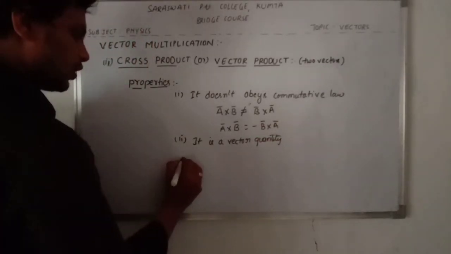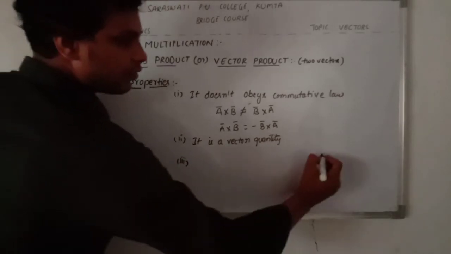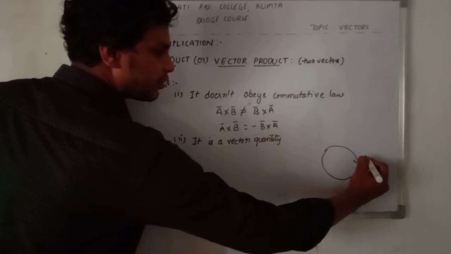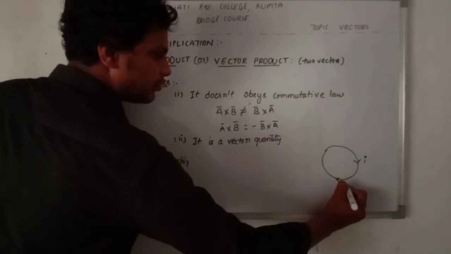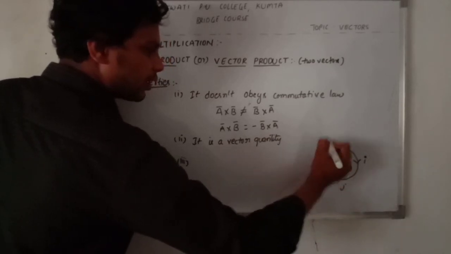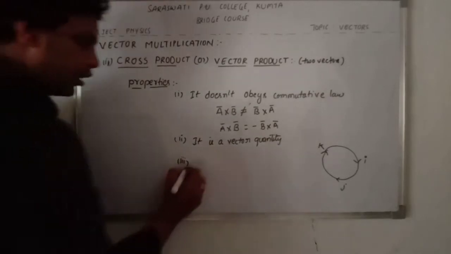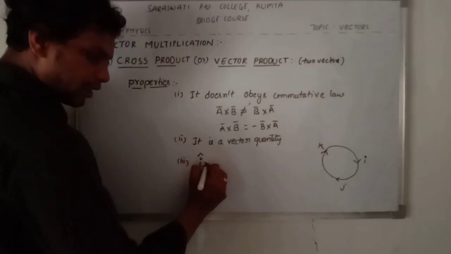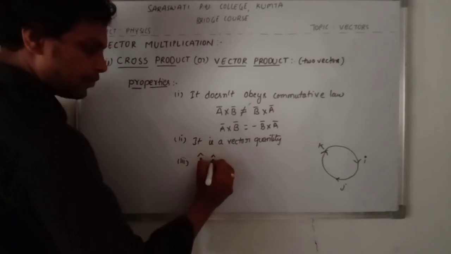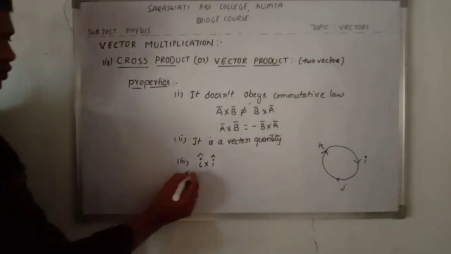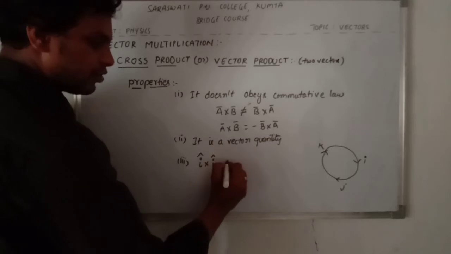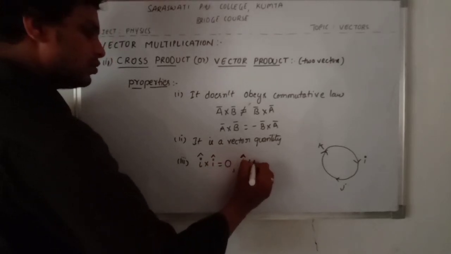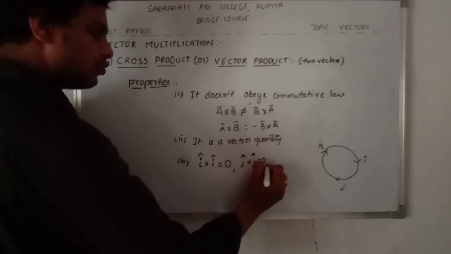Now the third property: for example, I will take one cyclic order, in which I will take this as i, this as j, and this as k. Now, if I take i cap crosses i cap, remember, i cross i is taken as 0, similarly j cross j is equal to 0.